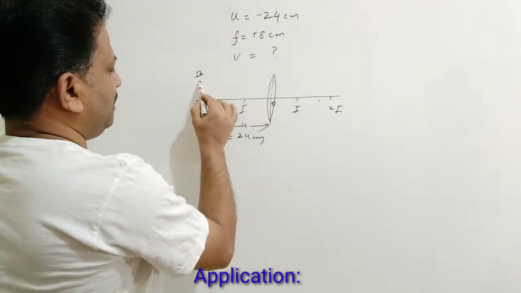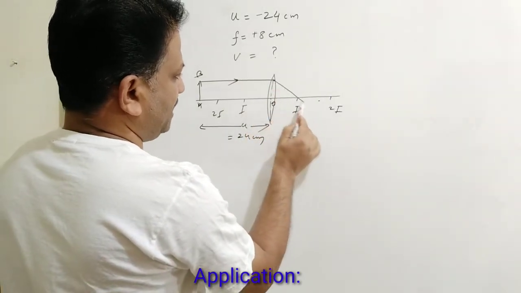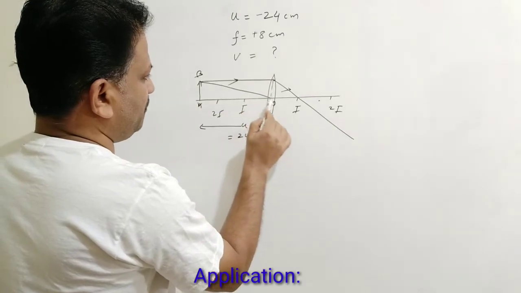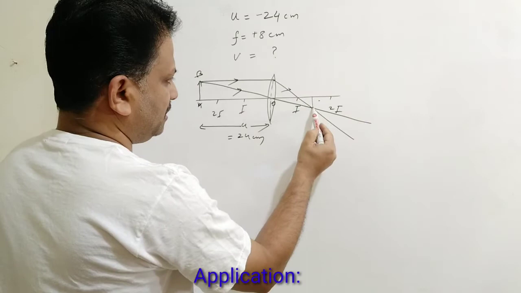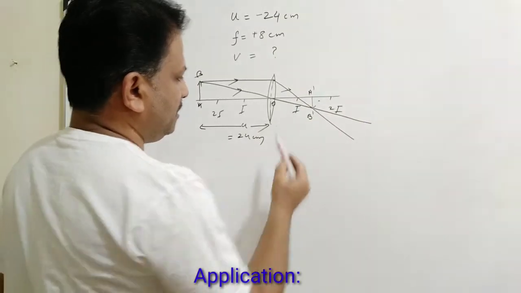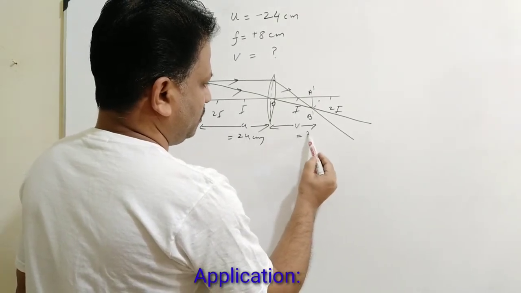Now a ray of light traveling parallel to the principal axis after refraction travels through the principal focus. A ray of light traveling through the optical center passes undeviated. At the point of intersection the image is formed, A dash B dash. You have to calculate this image distance. We don't know it, you have to calculate it.